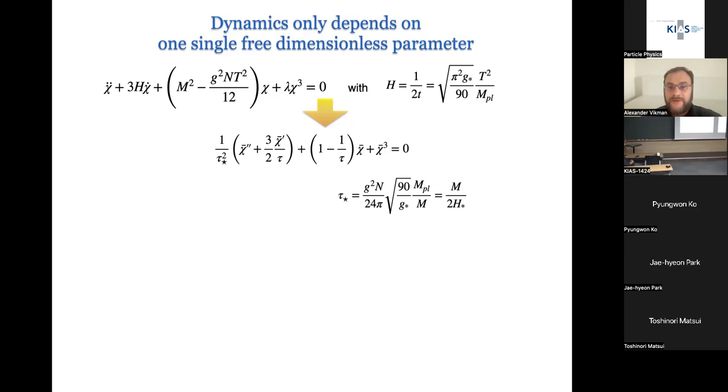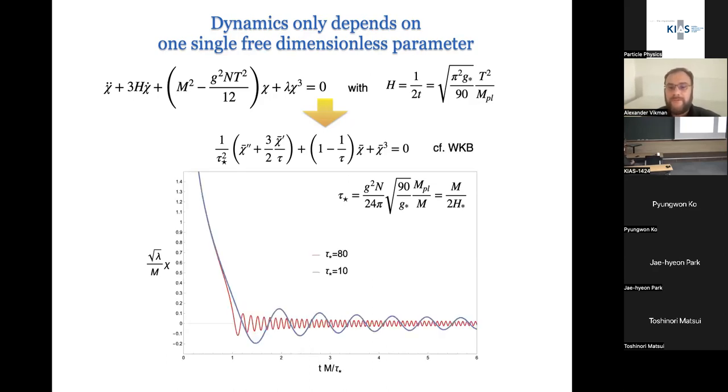Now what is good about that is that on one plot we can write solutions for different parameter values. This can be done in these renormalized, or rescaled, fields, let us say chi bar, which is now in units of m, but you also use the square root of lambda.